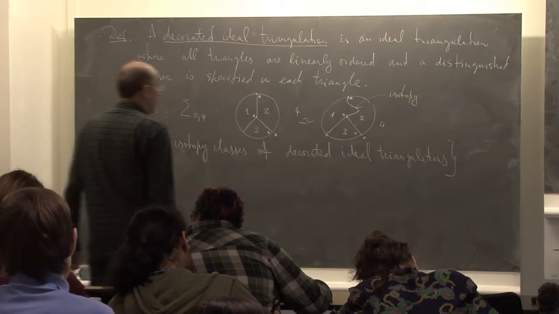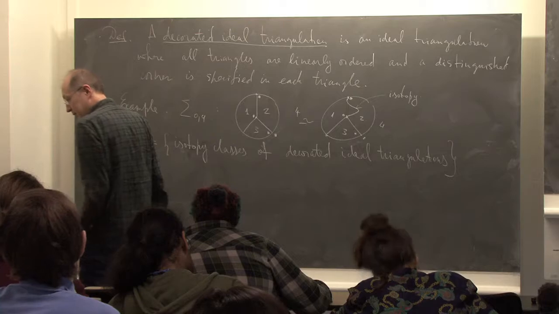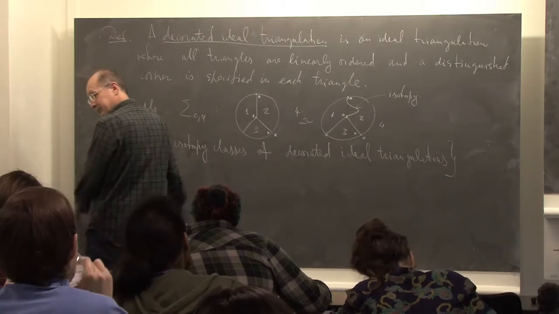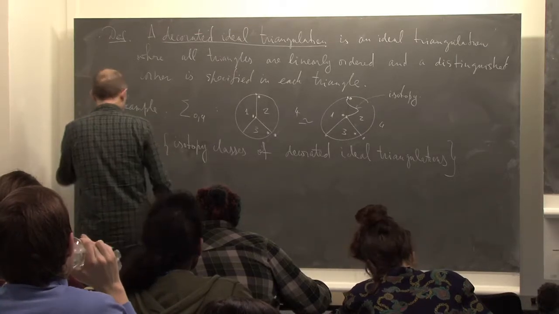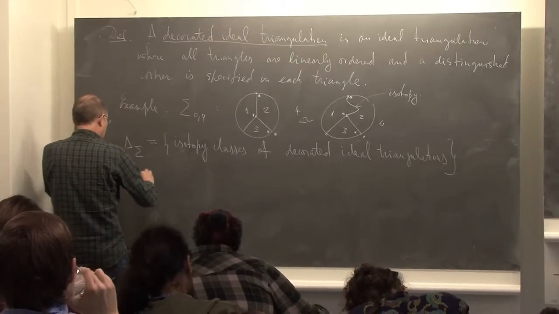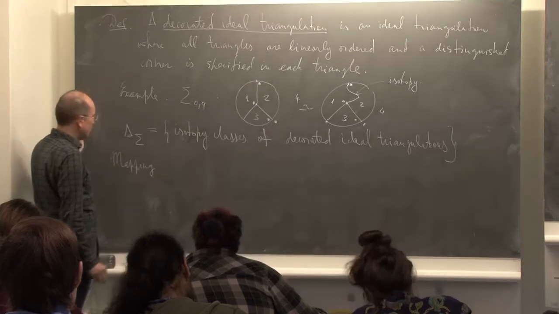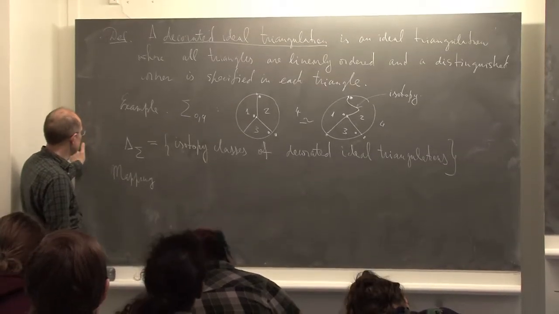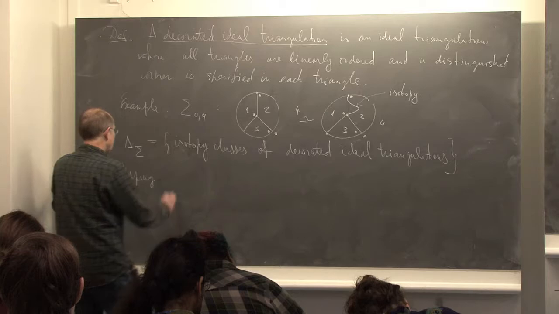And I define another object, which is called MCG of sigma, the mapping class group. Second key notion of today's lecture, after delta sigma: the mapping class group.